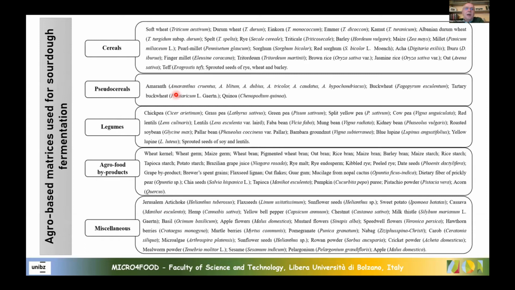A direct fermentation with sourdough of legumes, including chickpea, grasspea, faba bean, lentils, beans, lupins. But interestingly, sourdough is used also for fermenting agro-food byproducts like wheat germ, as we had before, bran, and miscellaneous products.